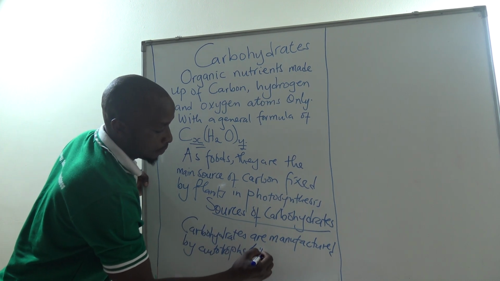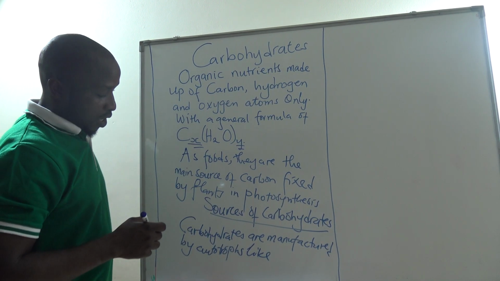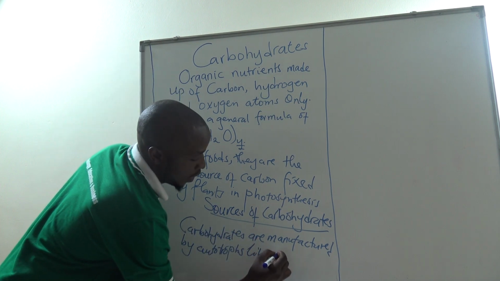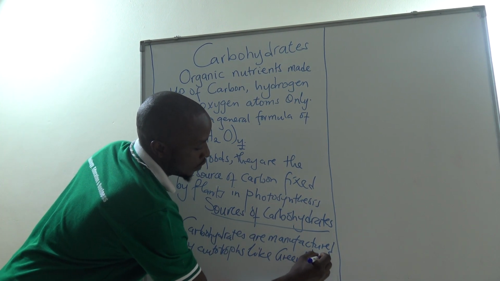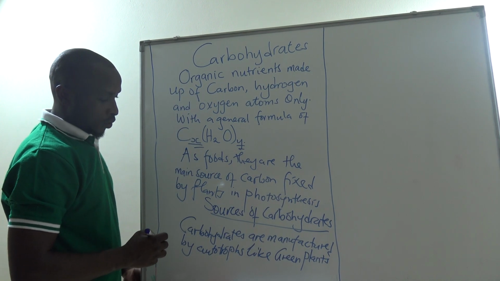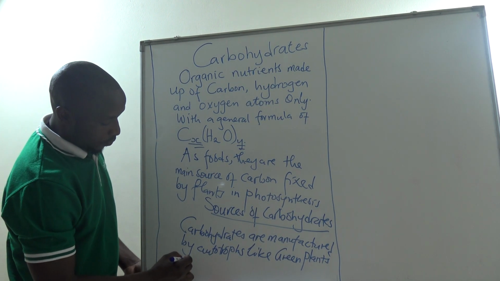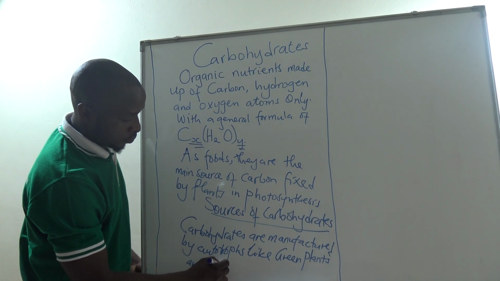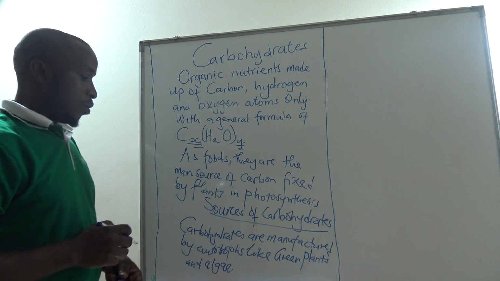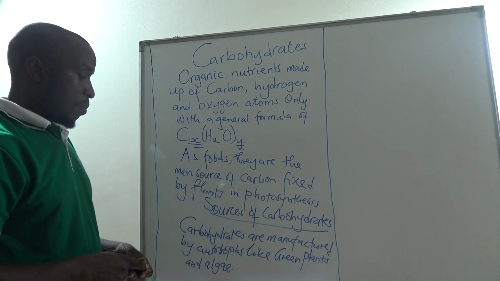There are very many autotrophs. We have green plants and algae. Algae do manufacture these carbohydrates.